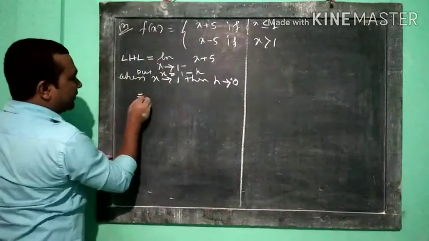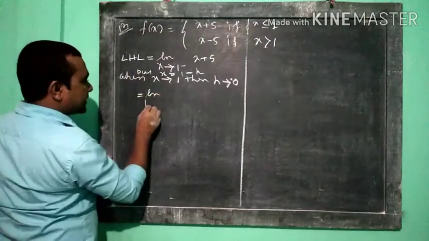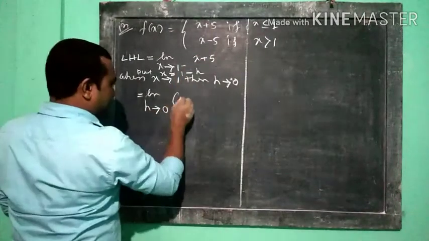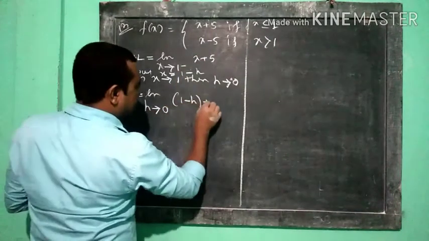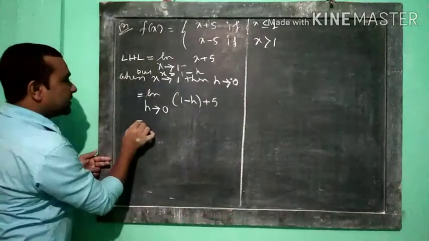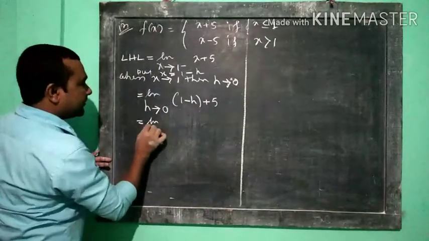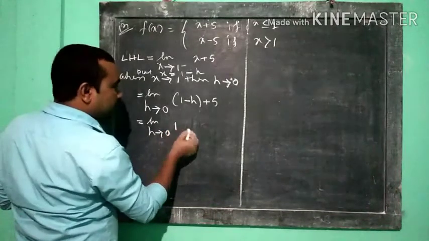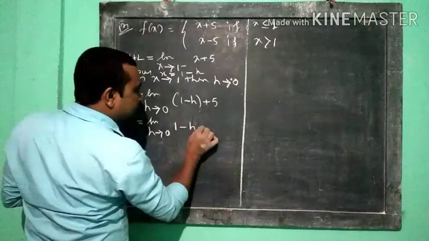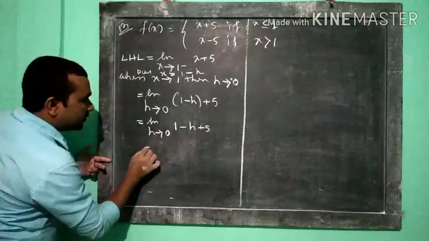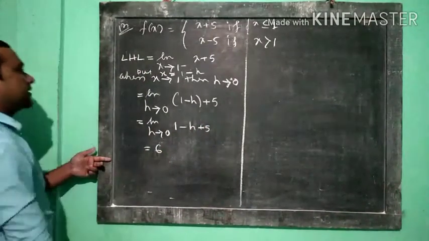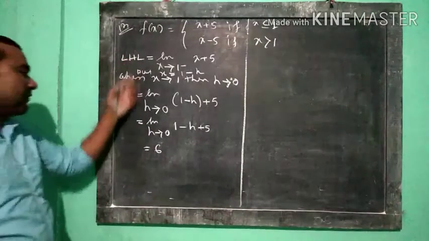Therefore left hand limit equal to limit x is replaced by h, so x is 1 minus h plus 5. This is equal to limit h tends to 0, 1 minus h plus 5. If we put h equal to 0, then what do we get? 6. Therefore left hand limit we have what?